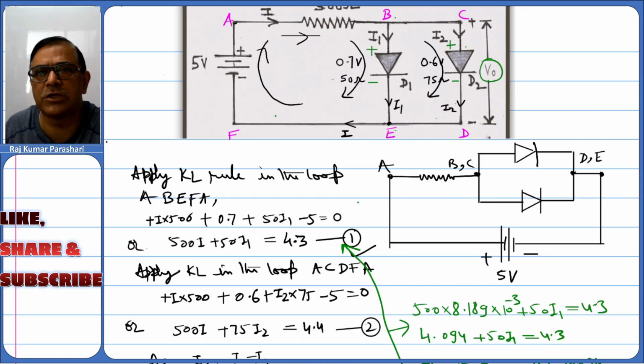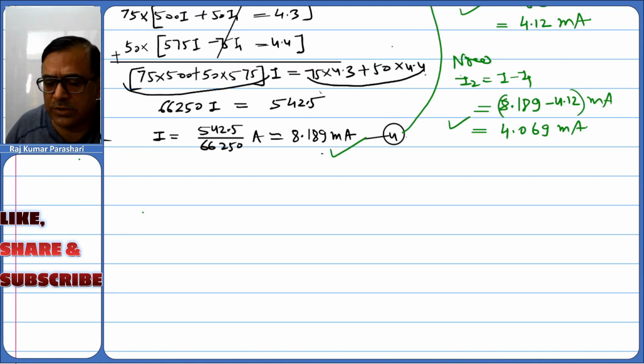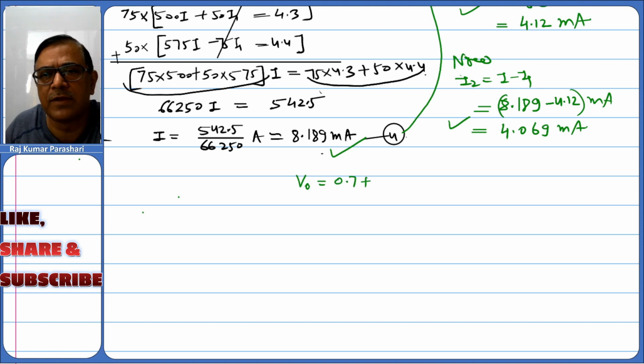V0 happens to be the potential drop across diode first or the diode second. So let's calculate it as the potential drop across diode D1. This potential drop across D1 and D2 has to be the same, and this equals V0, that should be equal to 0.7 plus I1 multiplied by 50, and this equals 0.7 plus 4.12 times 10 to the power minus 3 times 50.